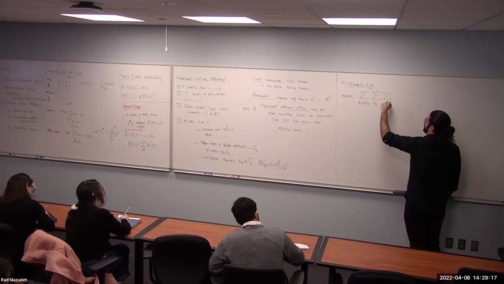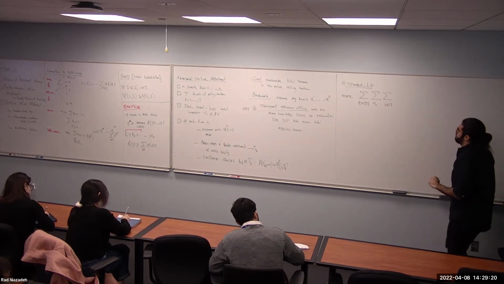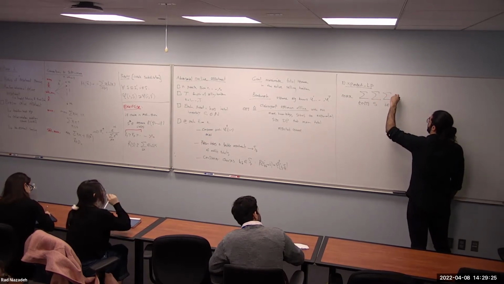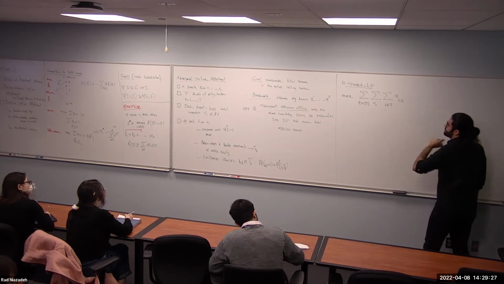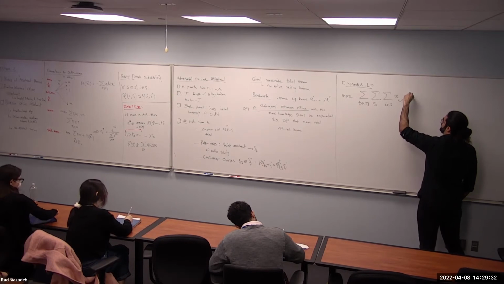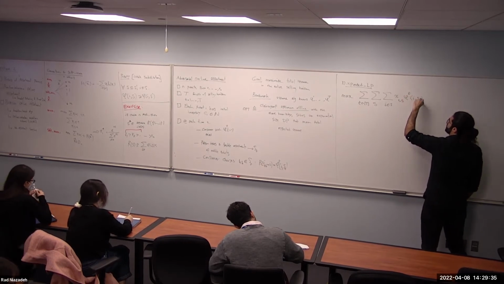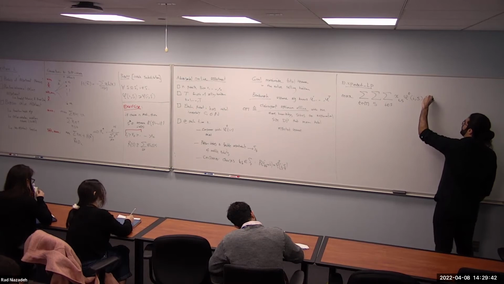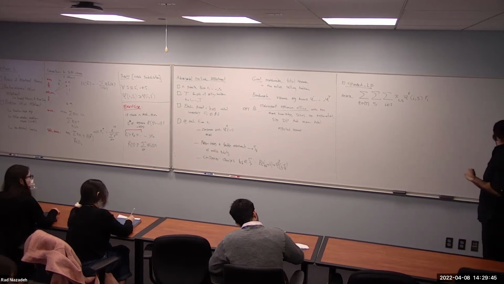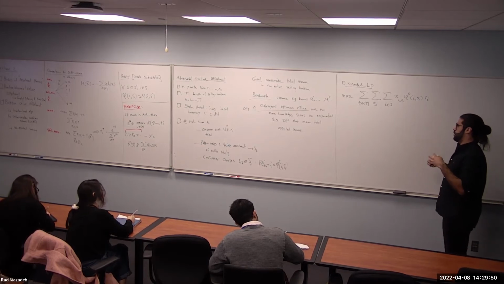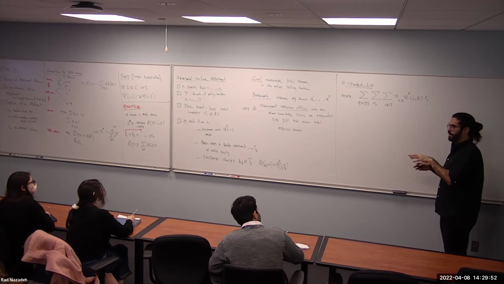Summation over all items i in S. Now I'm picking the subset S with probability x_{t,S}. Item i is going to be selected with probability phi_{t,i}(S). And if I select a subset and the consumer selects the item, my revenue is going to be r_i.